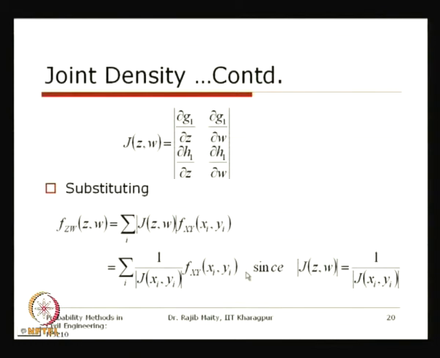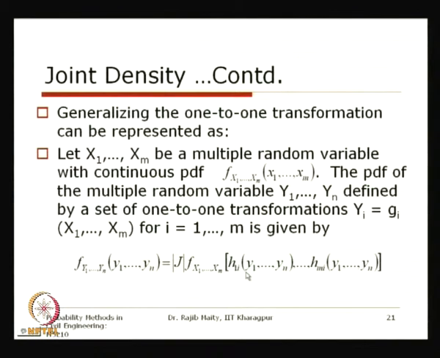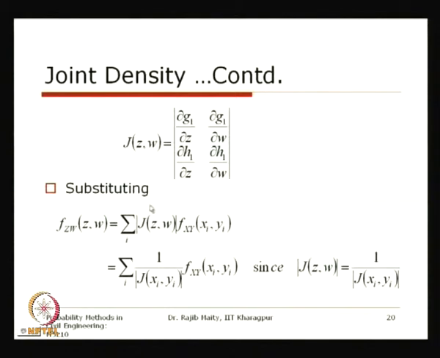So this is the final form if we are having two functions of two random variables. Now if we want to generalize, that is for a one-to-one transformation, remember that what I forgot to mention here is that this holds only when there is a one-to-one transformation.